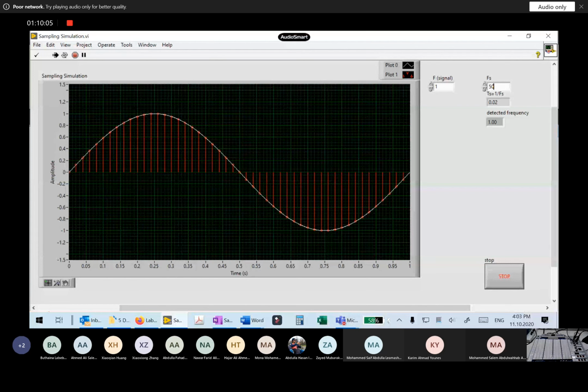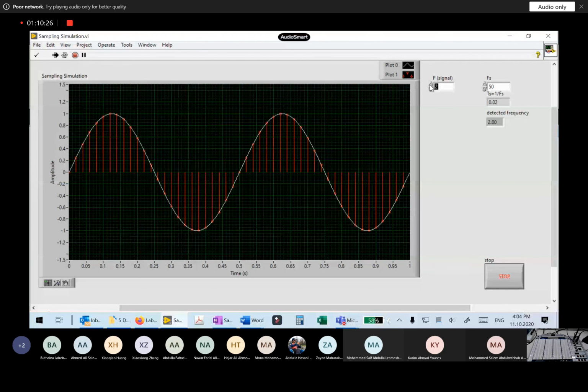All right, now let's discover one important phenomenon. If I raise the signal frequency, what's going to happen? I'll fix the sampling rate and increase the signal frequency itself. What do you see now? Because I increased my signal frequency, you see more cycles per second.